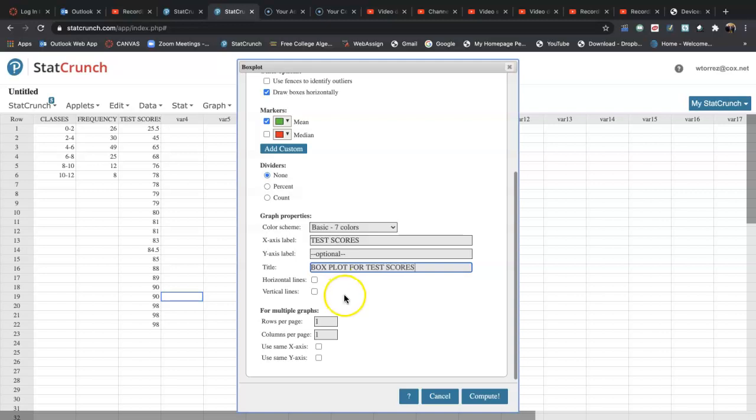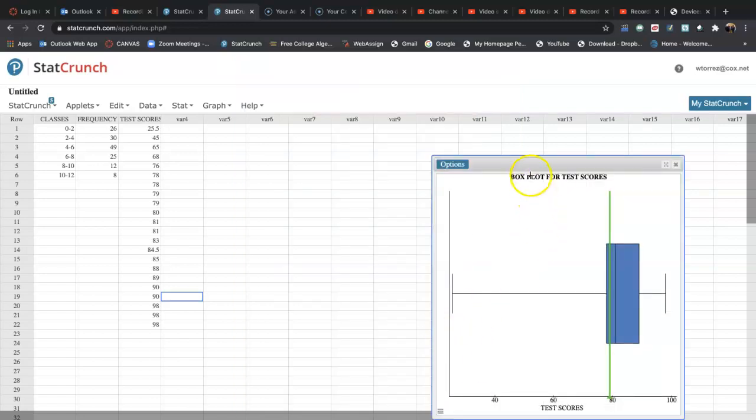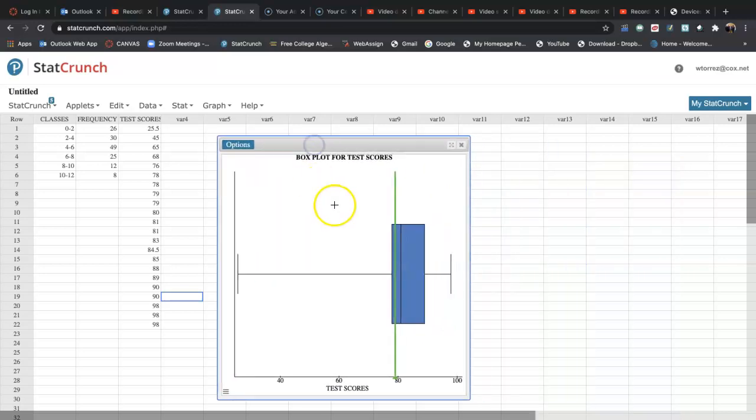Okay, and I don't want a grid necessarily, and now I'll compute, and here we get our box plot. Okay, and it's correct in the sense that it's got a label on the x-axis, and it has an optional title up here.